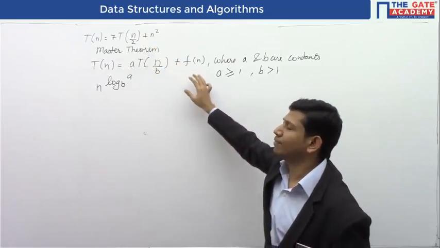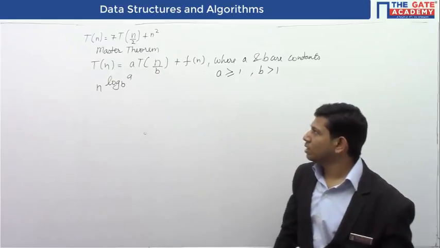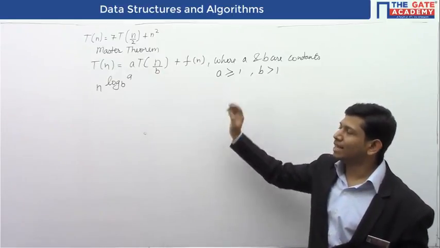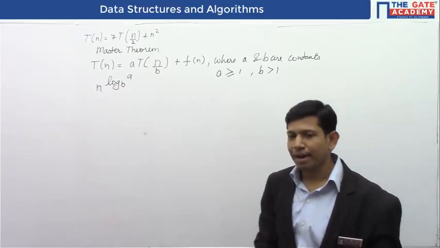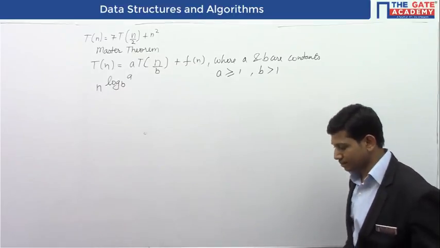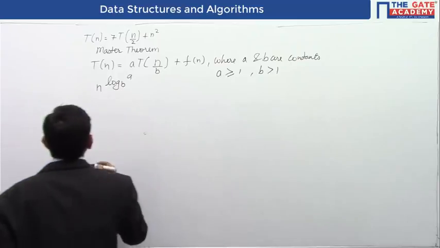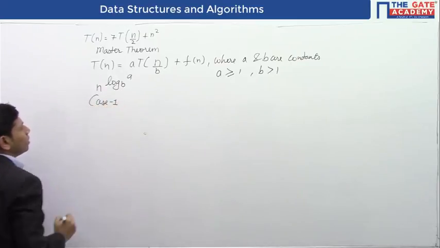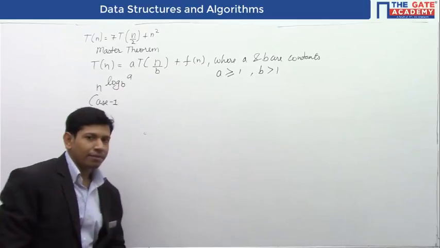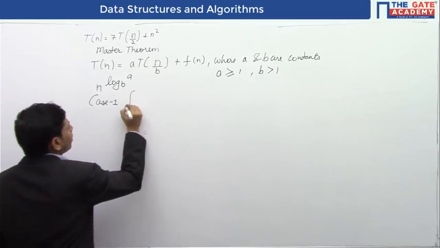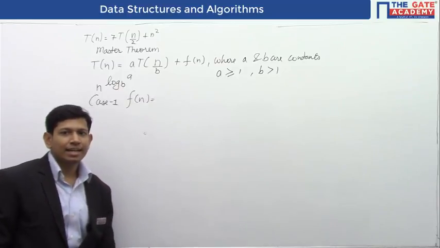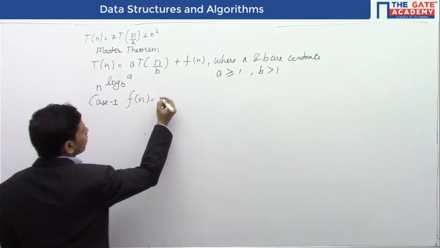In different problems f(n) will have different values. So we compare n raised to power log of a base b with f(n), and according to that comparison we have 3 different cases. In case 1, f(n) is less than n raised to power log a base b minus epsilon.